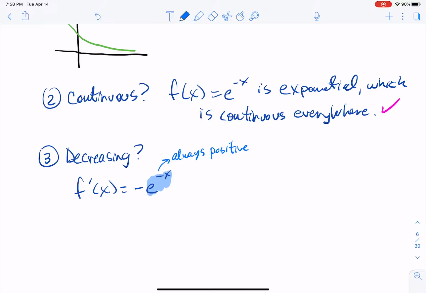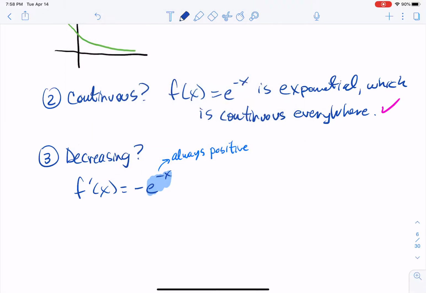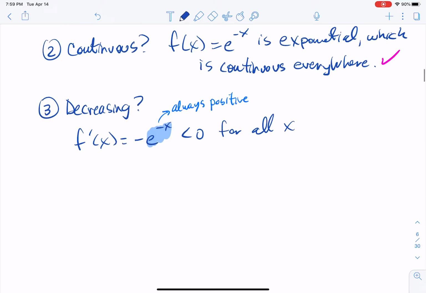And if that's always positive, and we made it negative with the negative sign out front, then no matter what, this is less than 0 for all x. So the first derivative is negative, which means our function must be decreasing.